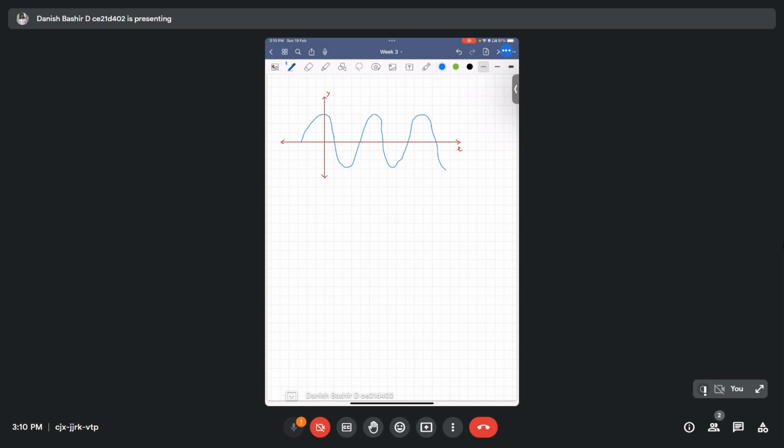We are seeing that after every fixed time interval, this solution comes to have a maximum value, like this one. This we term as amplitude.